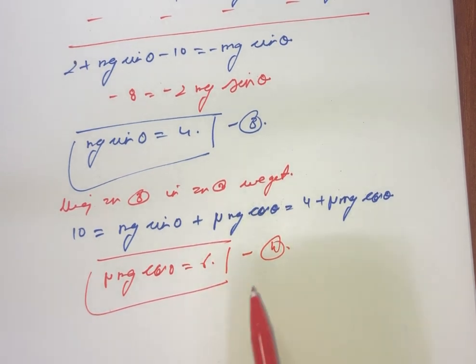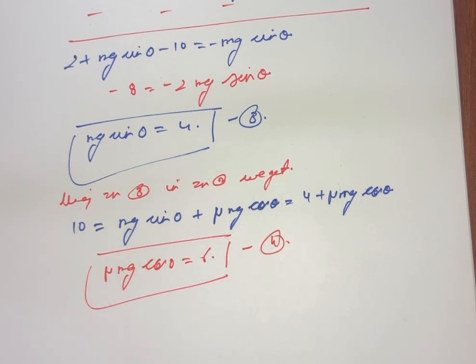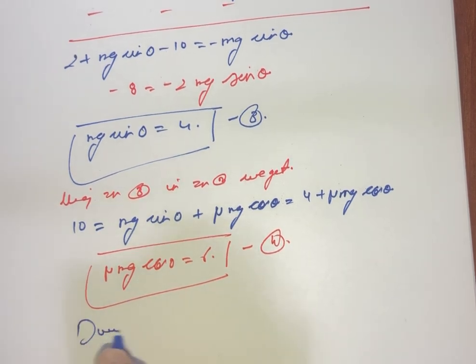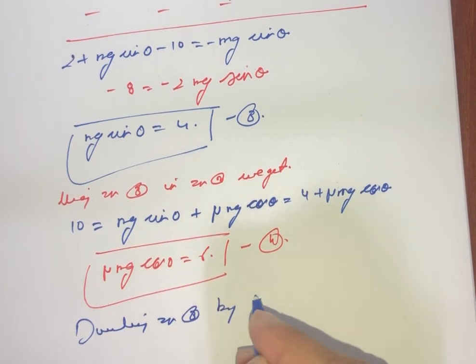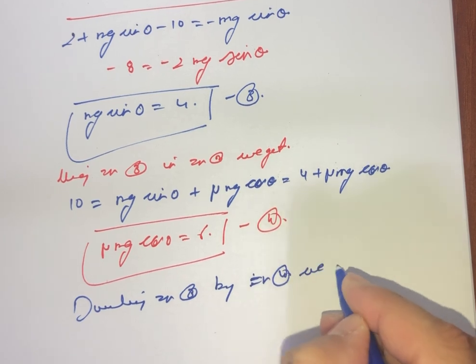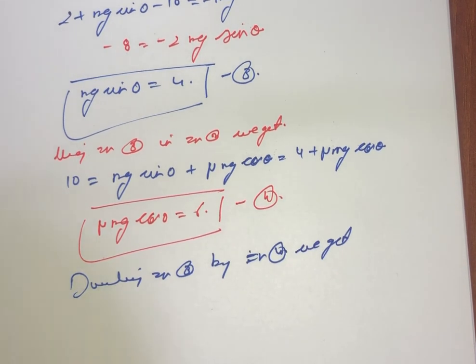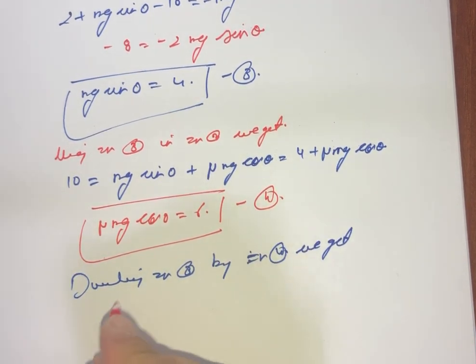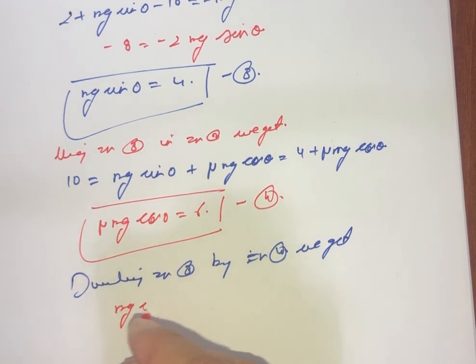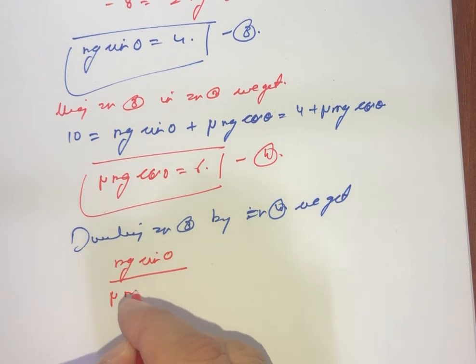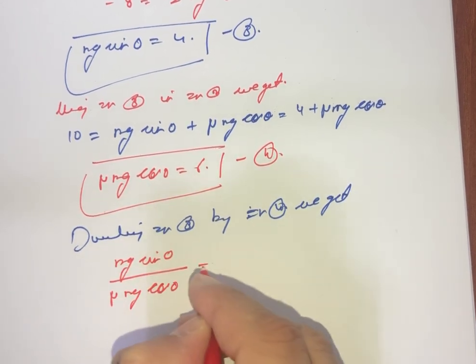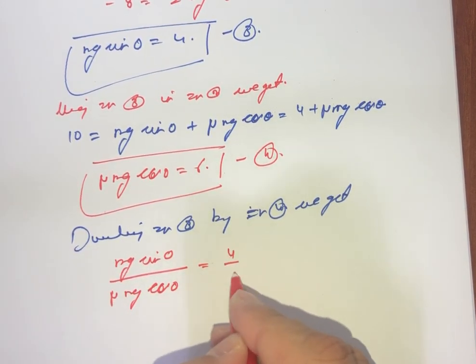Now we divide equation 3 by equation 4. We get mg sin theta divided by mu mg cos theta is equal to 4 by 6.